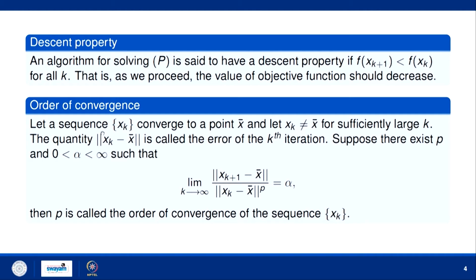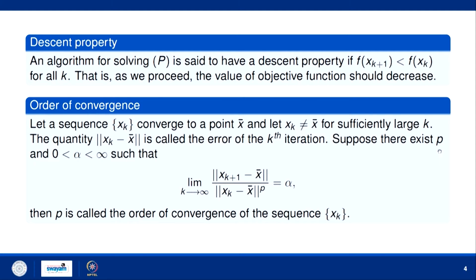The quantity, the norm of x k minus x bar, is called the error of the kth iteration, of course, because x k converges to x bar, and we have to approach x bar. So, this is nothing but the error term at the kth iteration.